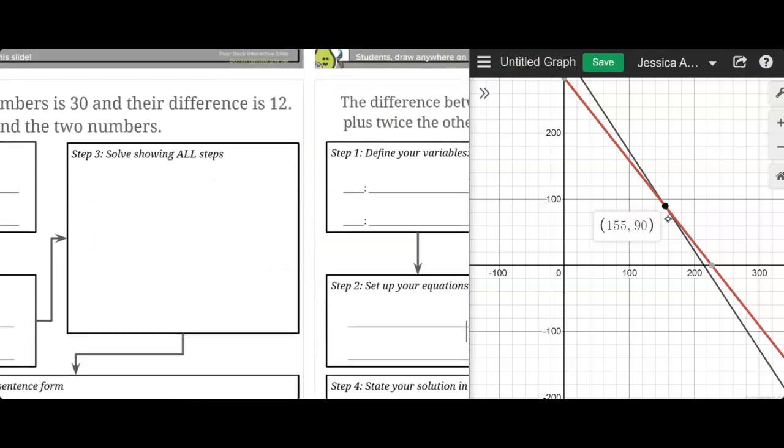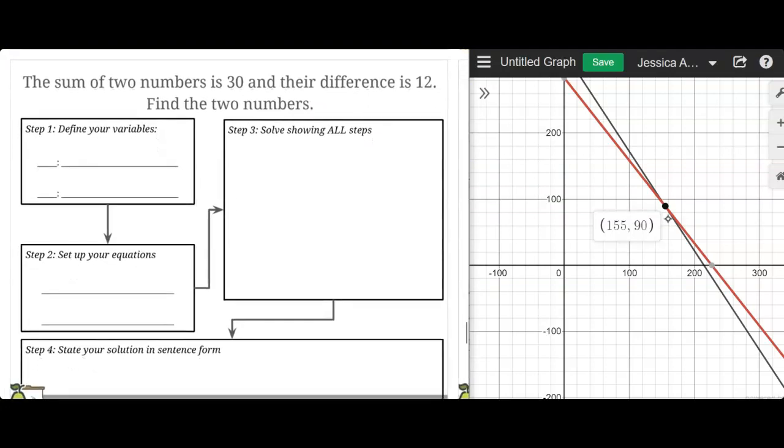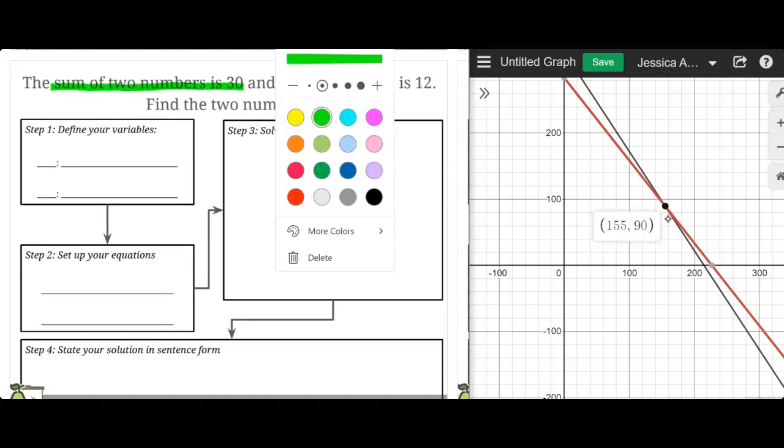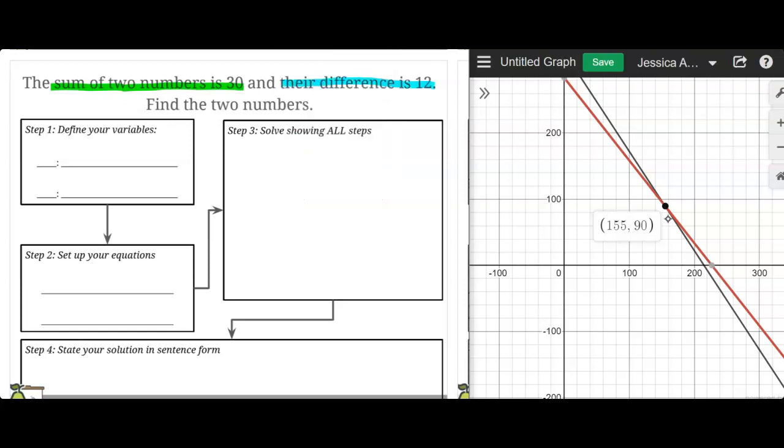The next type that we did dealt with different types of numbers. This one would be one of the easier ones. When we read it, we see that we have the sum of two numbers is 30, and their difference is 12. We want to find the two numbers. So remembering back, is our equals word.